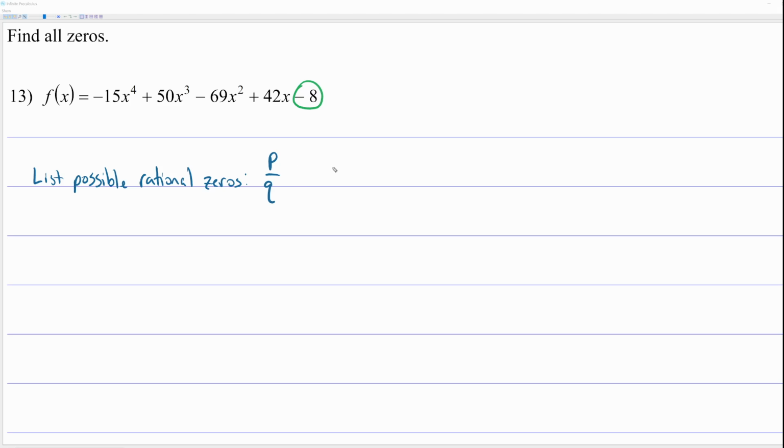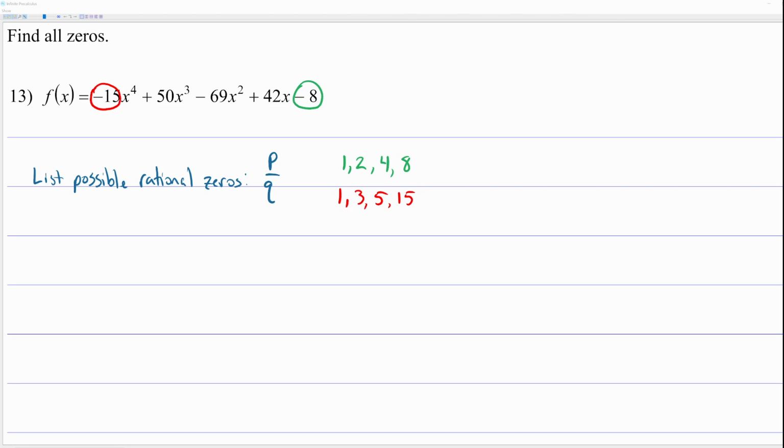So the factors of 8 are 1, 2, 4, and 8. Now, the number q has to be a factor of the leading coefficient, which is 15. The factors of 15 are 1, 3, 5, and 15.